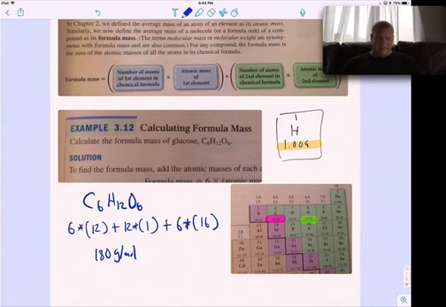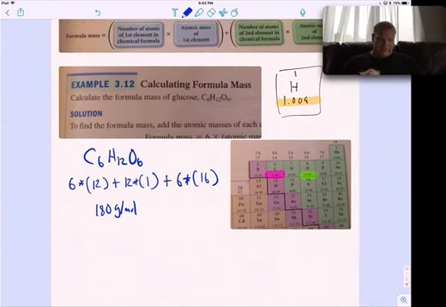So that's abbreviated. I guess I should do the long way. 12.01, 1.008, 16.00. So I will calculate that out for you.